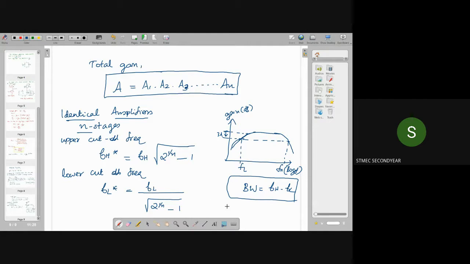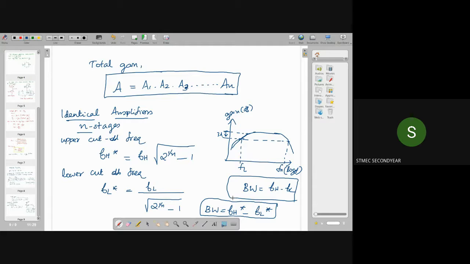Okay, and our total bandwidth for this multi-stage amplifier will be FH star minus FL star. So we are cascading, or connecting together, n identical amplifiers, each having lower cutoff frequency FL and upper cutoff frequency FH, and our bandwidth changes like this.